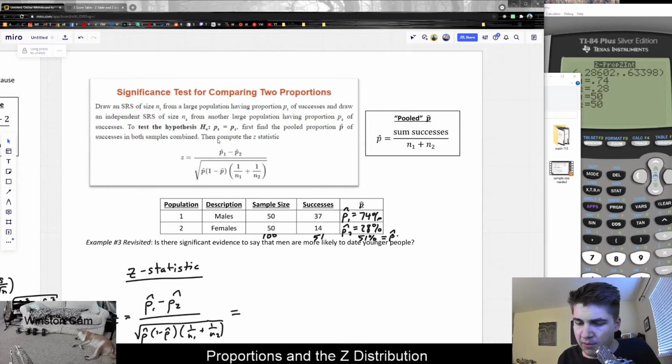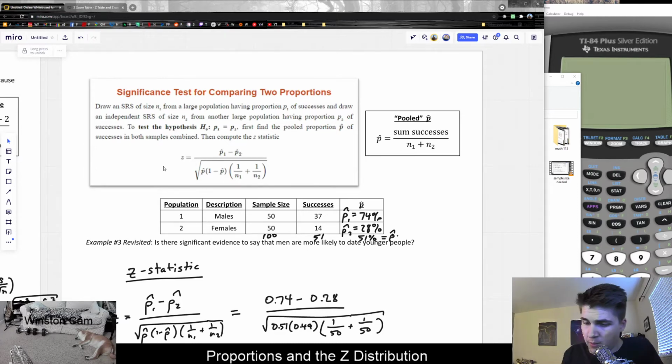So plugging all of this in, in the numerator we have the difference between the two. Again, use decimals. And then in the denominator, we have the square root of our pooled percentage. So 0.51, and 1 minus 0.51 is 0.49. And this would be times 1 over 150 plus 1 over 50.